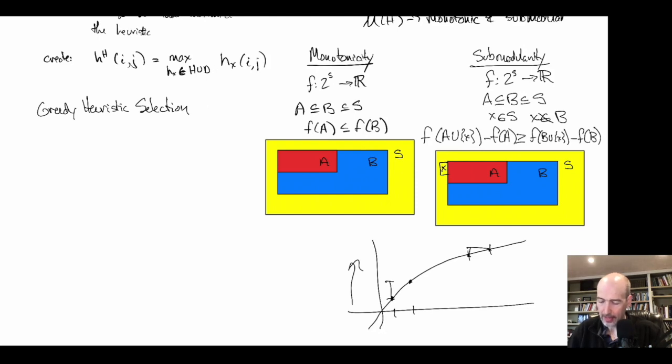This will give us greedy with respect to the entire state space, and we get this approximation that we're always going to be 1 minus e to the minus 1, which is about equal to 0.63 of optimality.